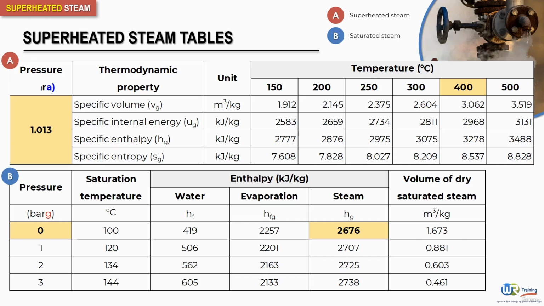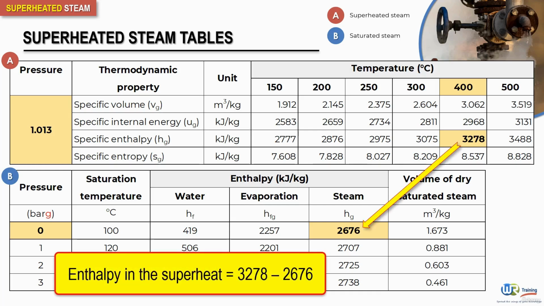And from the top table for superheated steam, the specific enthalpy at 400 degrees Celsius and the same pressure is 3278 kilojoule per kilogram. So, the enthalpy in the superheat is as follows. Roughly 600 kilojoule per kilogram.